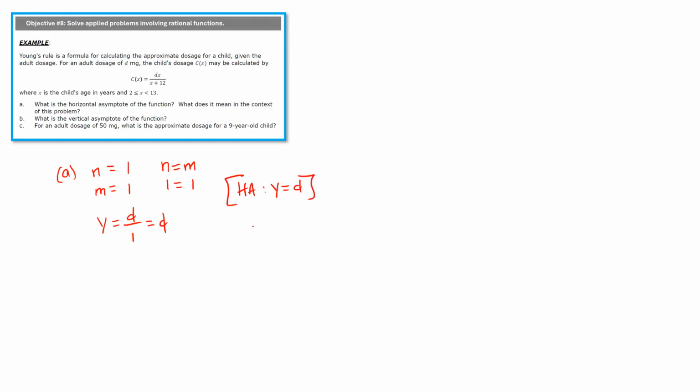Now what does this mean? Well, we know d represents the adult dosage. So the child dose will approach the adult dose but will never equal it.